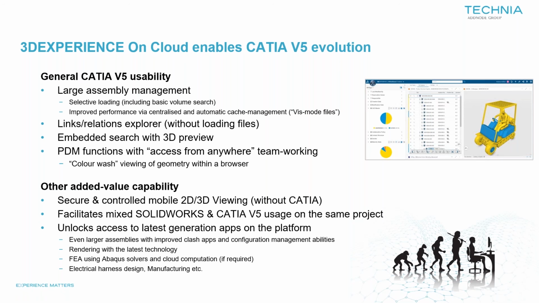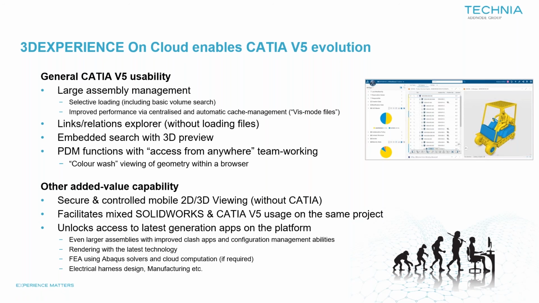So things like the automatic generation of lightweight data for everyone in the team to make large assembly loading faster is an absolute gem. Because the way it works normally is it works on individual machines. There's no collective cache. Peter mentioned the Links and Relations Explorer. If you're working on files that have multi-model links, yes, you can see them under Edit Links.